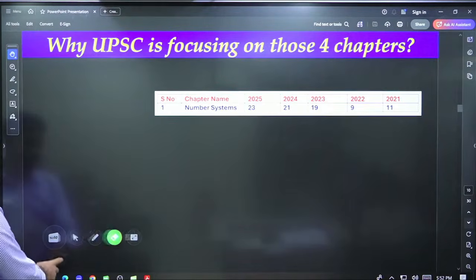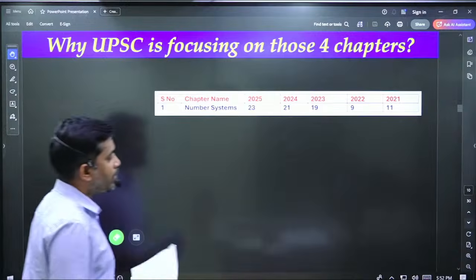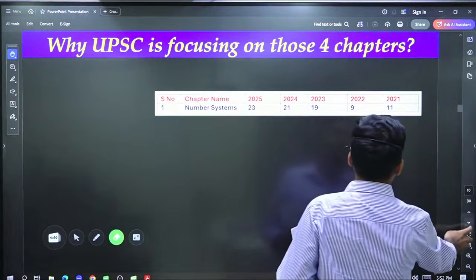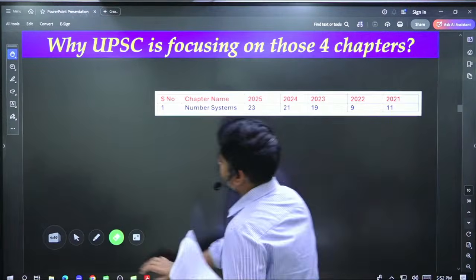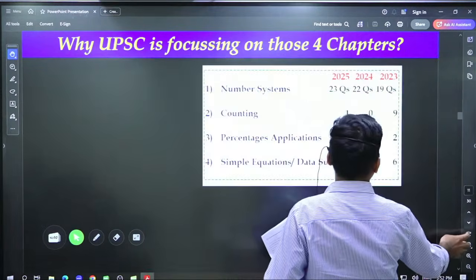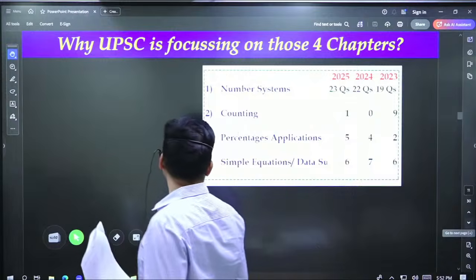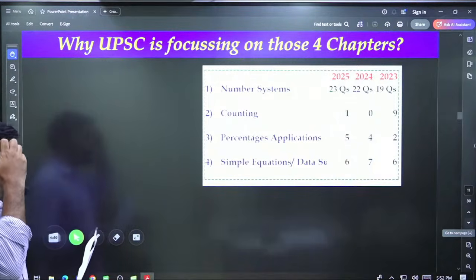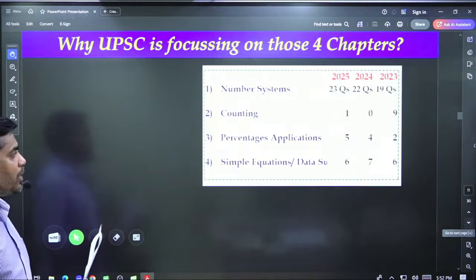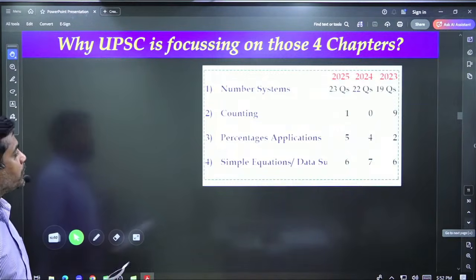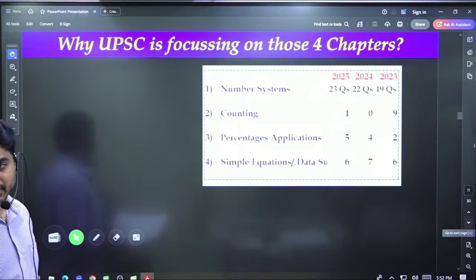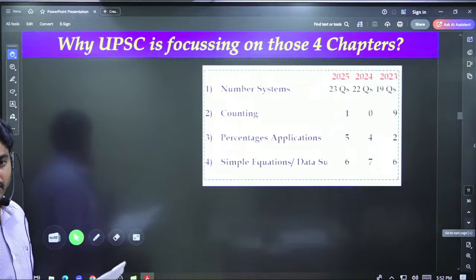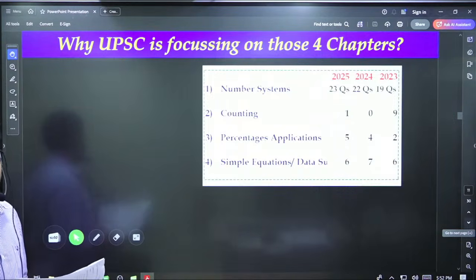Some more important chapters apart from number systems: counting, which is related to permutations and combinations. Basic counting, I'll show you some questions. Percentages, don't miss this; percentage applications, 5 to 6 questions they'll ask. Profit and loss, percentages.